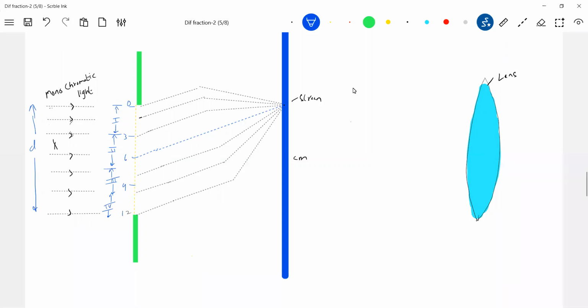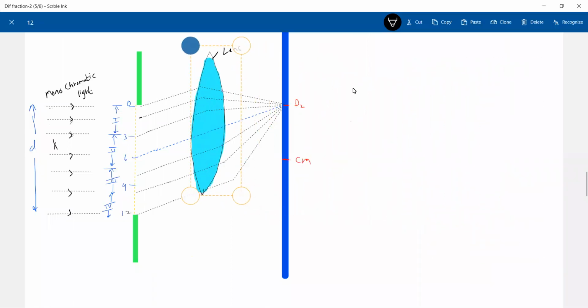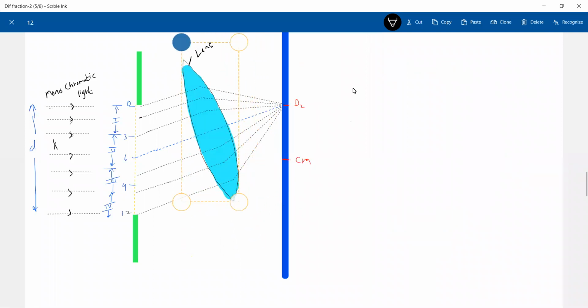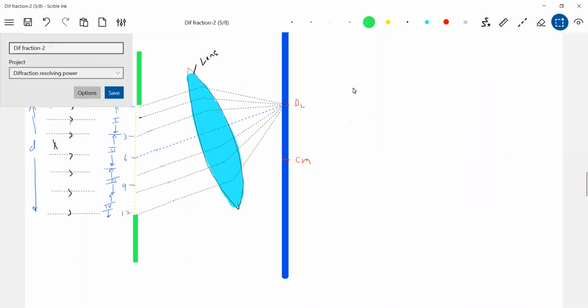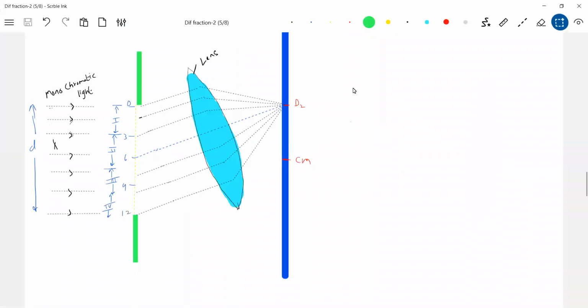So now what is this? This is D2. Why will the light cancel out again? Why is there complete darkness? Why is the intensity 0 at D2?